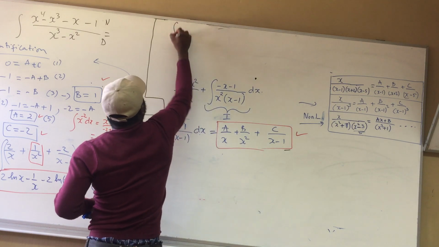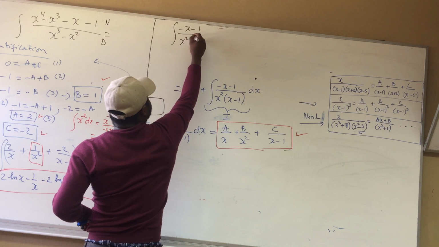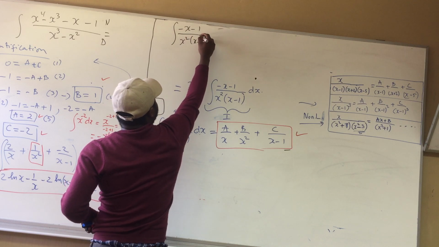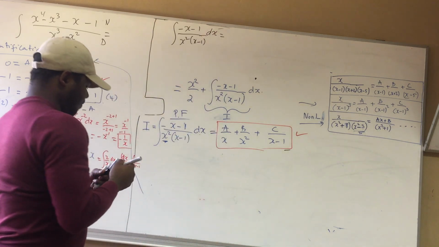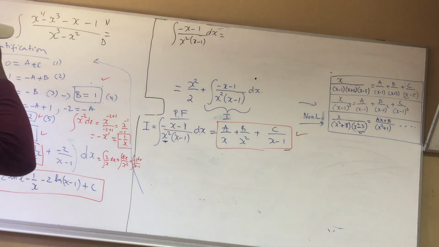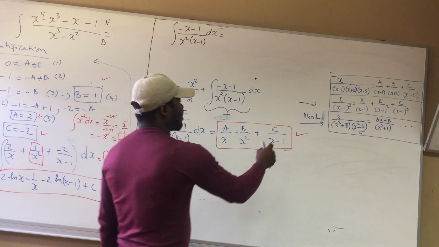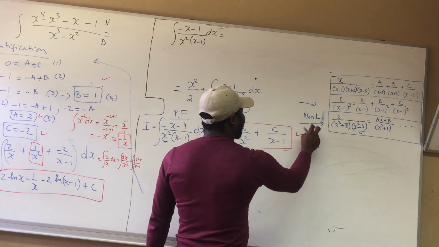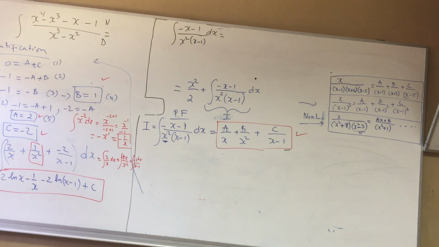Yes, I'm having (-x - 1) divided by x squared (x - 1) dx. Now, in case, because we said a non-linear or a quadratic, you have to use ax + b, and then you put that term, that factor in the denominator.